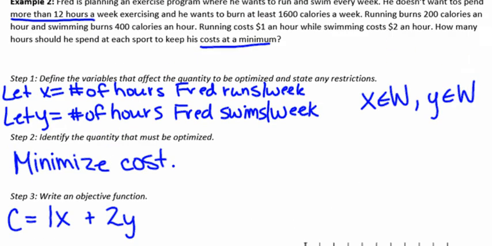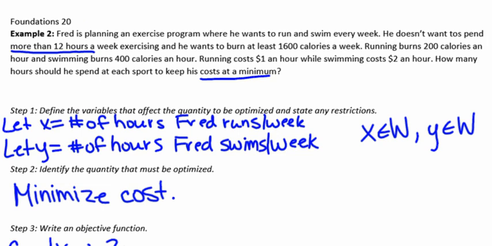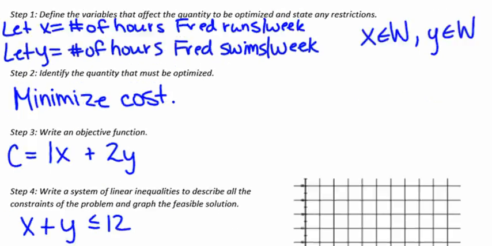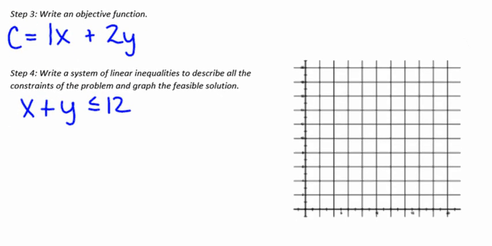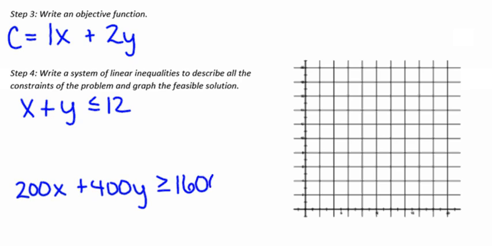And then in terms of calories, running burns 200 calories, swimming burns 400 calories, and he wants to burn at least, so greater than or equal to 1,600. 200 calories for running, 400 calories for swimming, and we want at least 1,600, so greater than or equal to 1,600 calories.